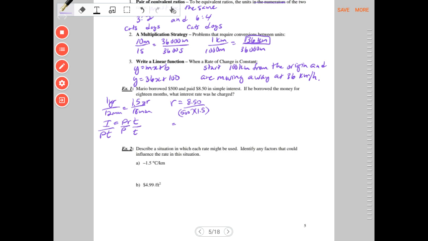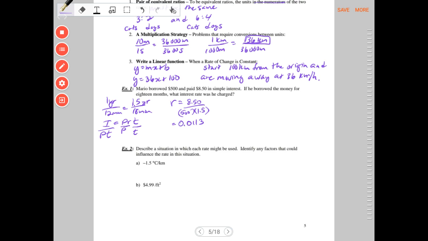So if you type that into your calculator, you would get 0.0113 and so on. That comes from 850 divided by 500, enter, divided by 1.5, enter.